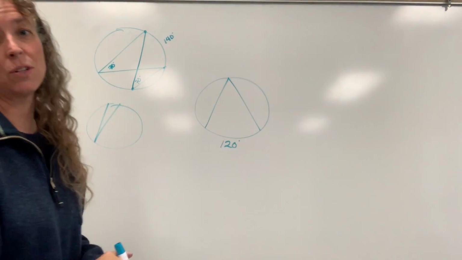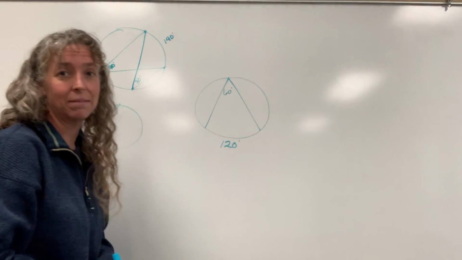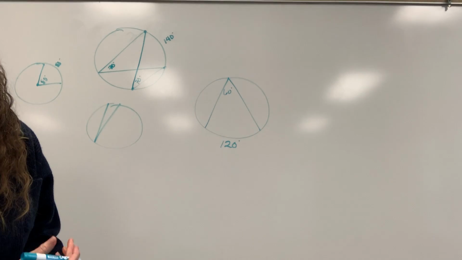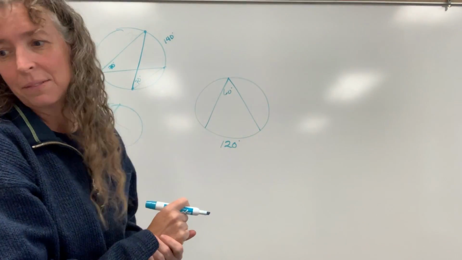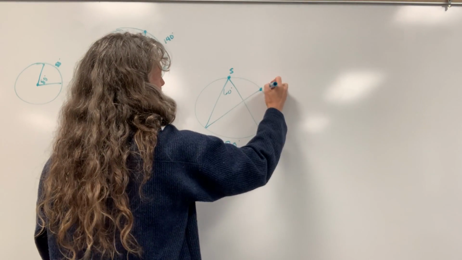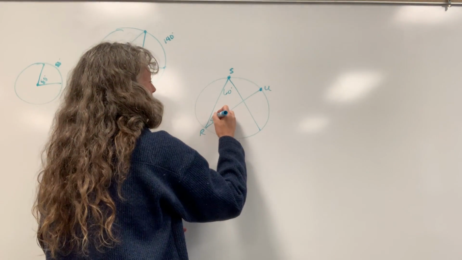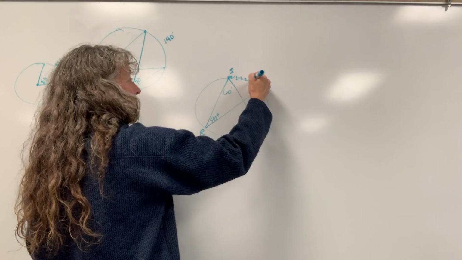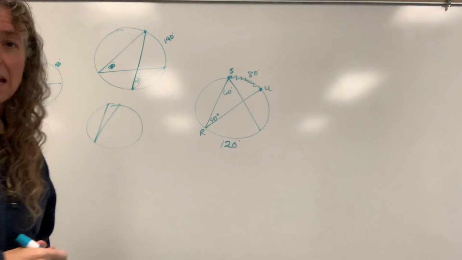So if the arc is 120, the angle is 60. Okay, B, SU. Well, SU goes to here. This is S, this is U, this is R, and we know that R is 40 degrees. It's an inscribed angle, so the arc that it hits is twice that, and it would be 80.